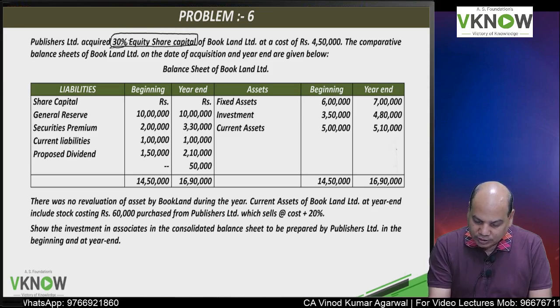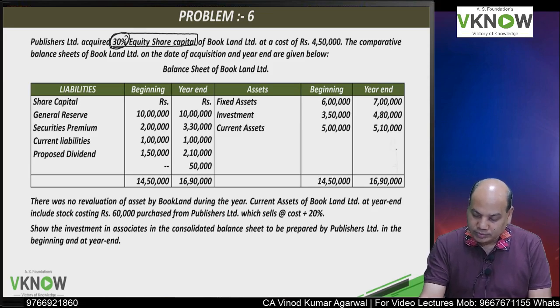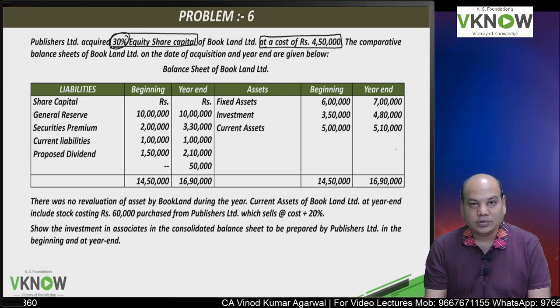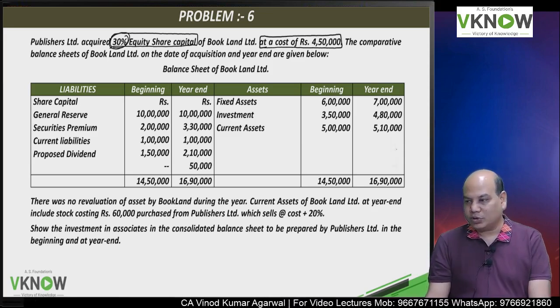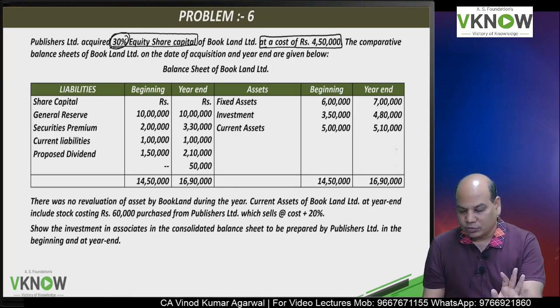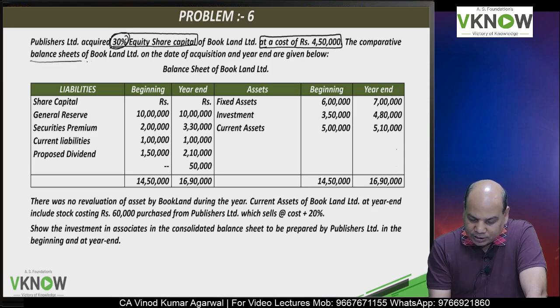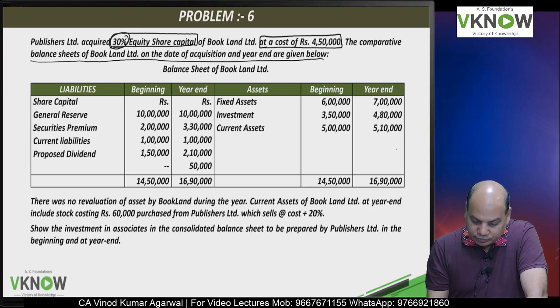So the stake acquired is 30% of Bookland Limited at a cost of 4,50,000. 30% stake, cost of acquisition 4,50,000. The comparative balance sheet of Bookland Limited on the date of acquisition is given below.